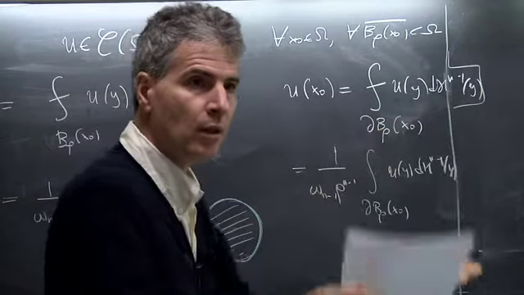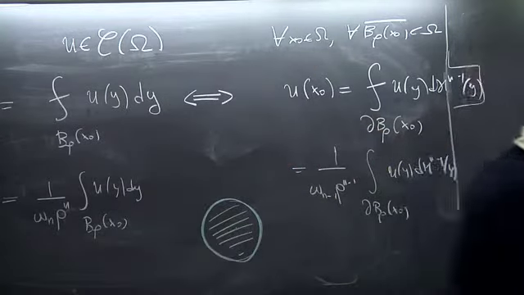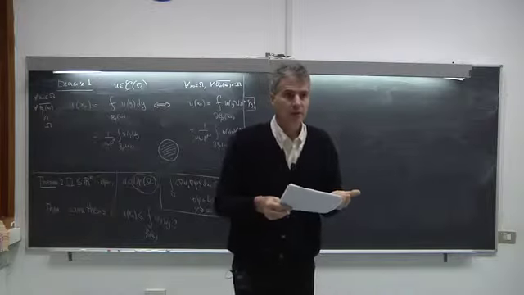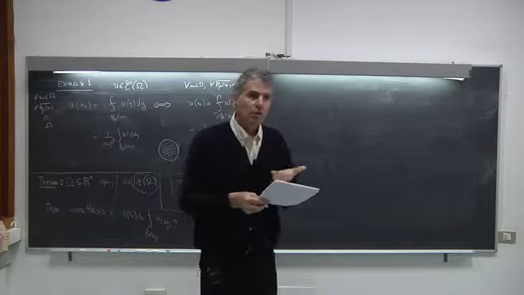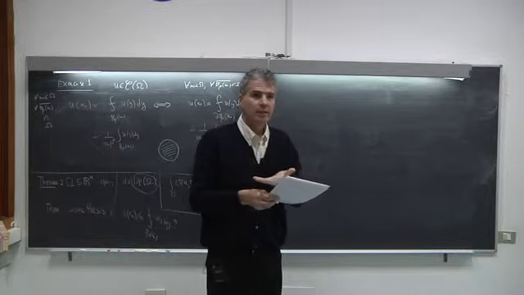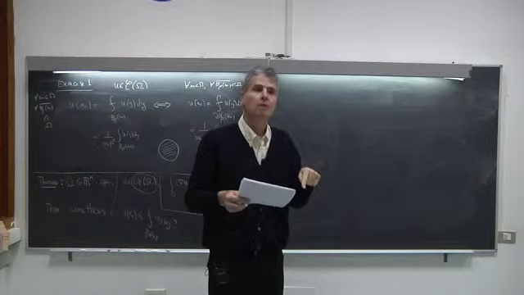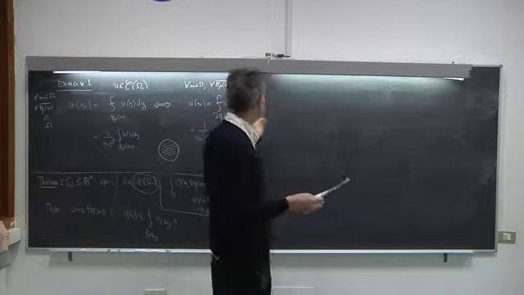The hypersurface has zero Lebesgue measure. Therefore, there is no way to give a meaning to an L1 loc function on a hypersurface. What is not defined is the trace of u on this hypersurface, because it has zero Lebesgue measure, and you can assign whatever value you want remaining inside the L1 loc class. So this is not well defined.